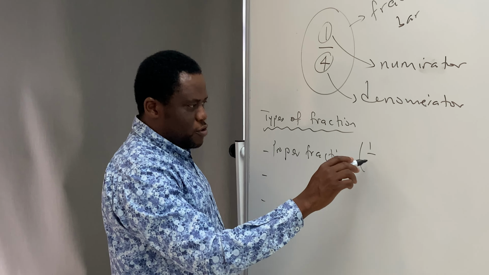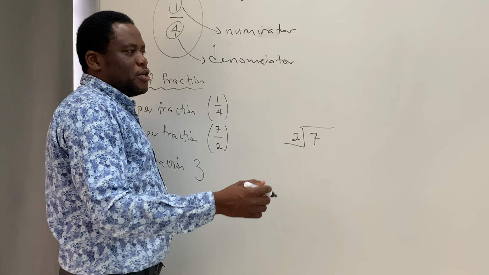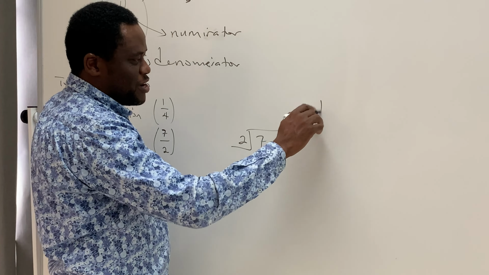That is, we have some whole numbers. That is how many times 2 goes in 7. Let's quickly write it out. So we have 7 here, we have 2 here. How many times does 2 go in 7? If you do our normal elementary counting, 1, 2, 3, 4, 5, 6, 7. So it goes 3 times. So we have 3 here.